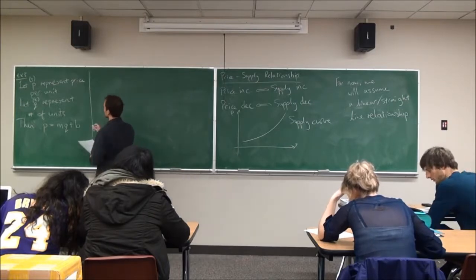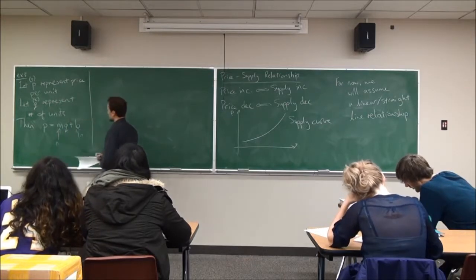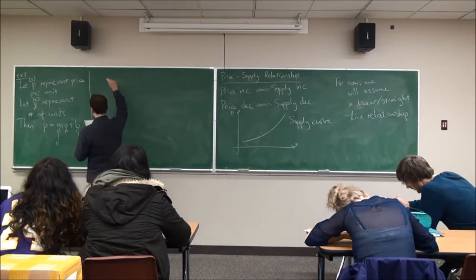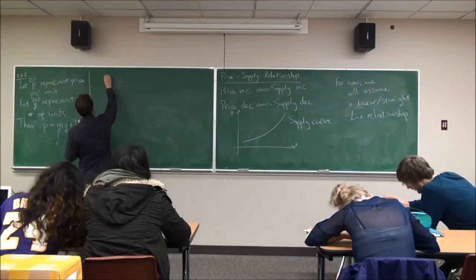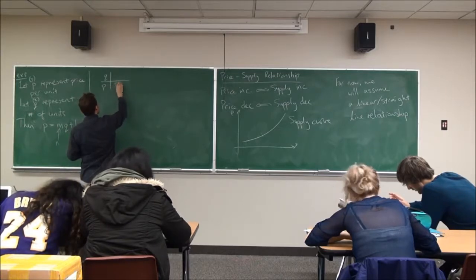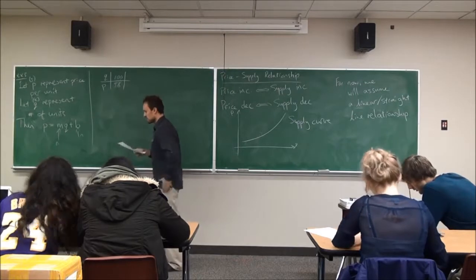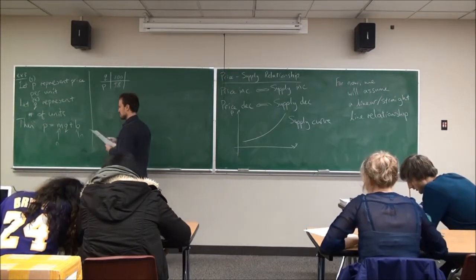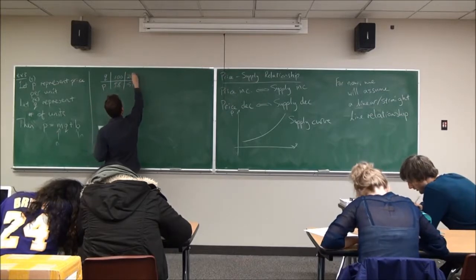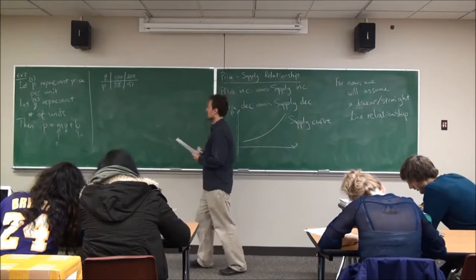Now what do I know? I have to find these guys. What do they give me? They give me that the price is 58 when there's a demand of 100 units, and the price is 51 when there are 200 units in demand for the week.